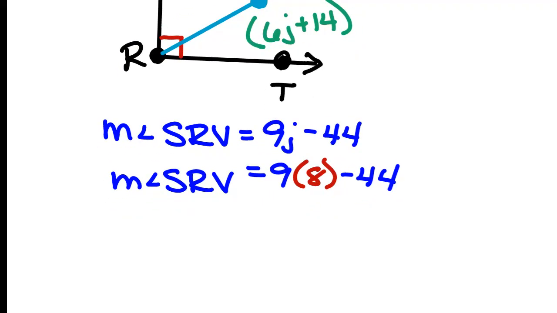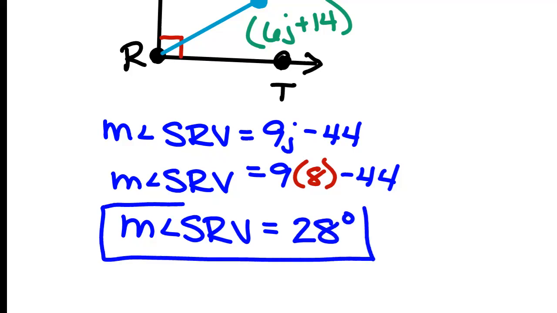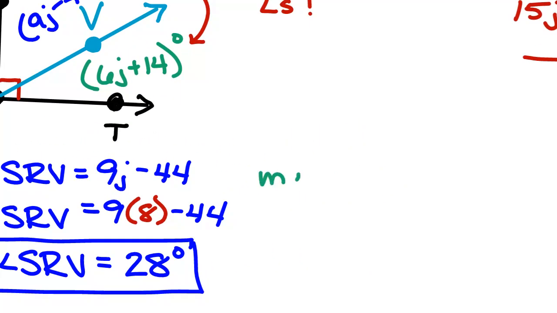What is 9 times 8? 72. And 72 minus 44, 28. So SRV is 28 degrees. And then angle VRT, that was 6J plus 14.